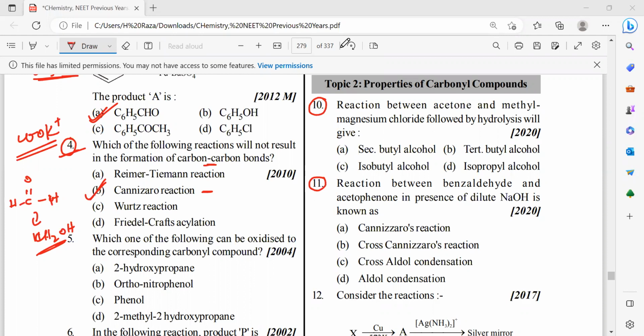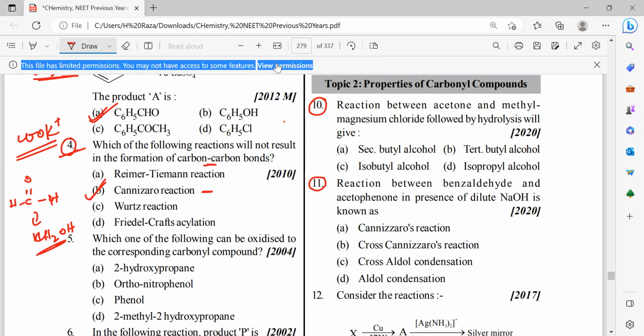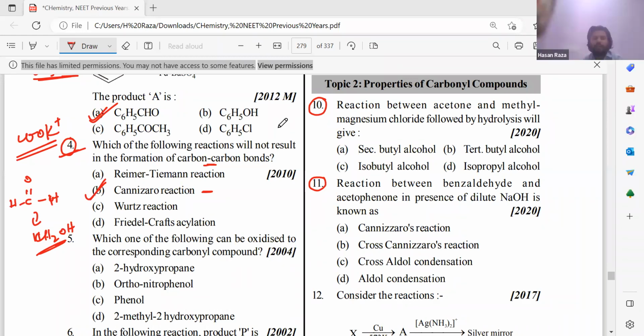This question number 10 reaction we have already studied in the previous chapter. Any answer for question number 10?